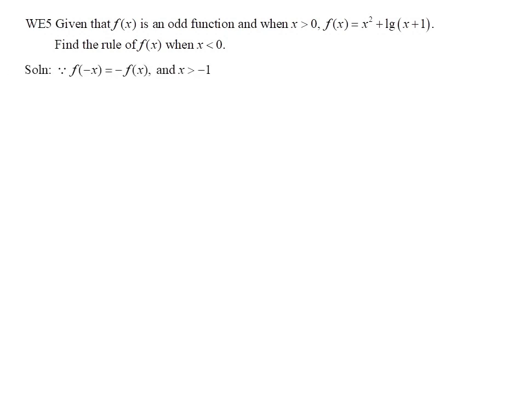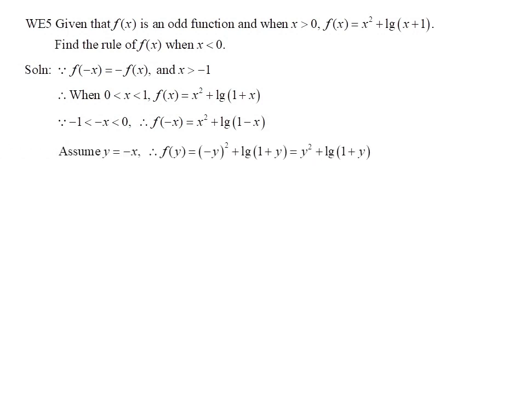Since f(-x) equals negative f(x) and x is greater than -1, so when x is between 0 and 1, f(x) equals x squared plus common logarithm of x plus 1. This is equivalent to when negative x is between -1 and 0. So f(-x) equals x squared plus common logarithm of 1 minus x.